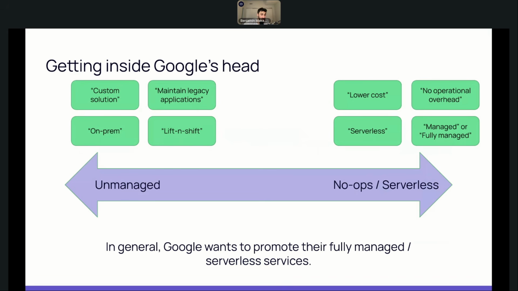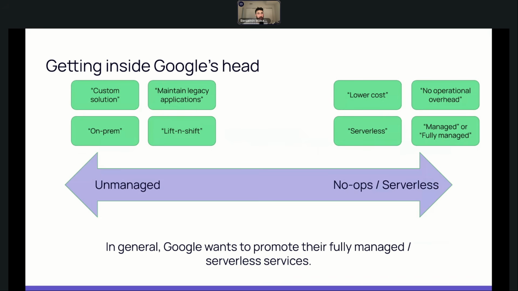There are probably 30 to 50% of questions on GCP exams that relate to this spectrum and this distinction in some way, right? You'll see 4 or 5 answer choices, and some of them will be unmanaged or less managed, and others will be more managed, or they will be serverless or no ops.